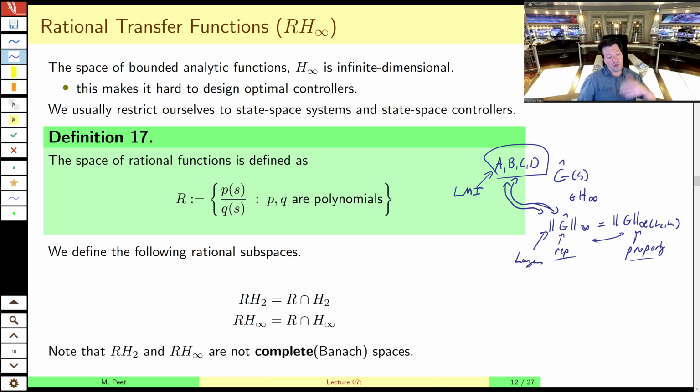But we're only working in finite dimensions, and we only have these state space representations to work with. So we're going to have to restrict ourselves to the classes of systems which have transfer functions which can be represented using those four matrices A, B, C, D. And so to do that, we impose some restrictions on our set of transfer functions. So a subset of transfer functions.